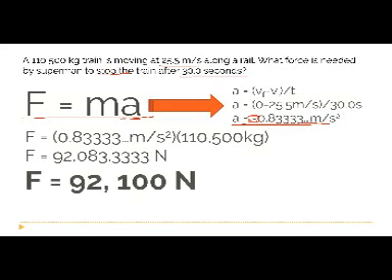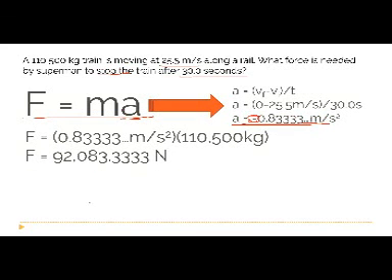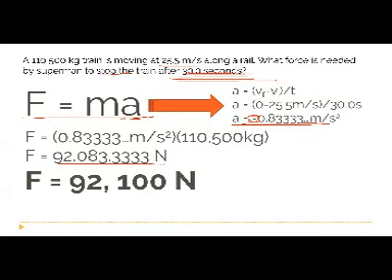Since the least number of significant figures is 3, which is the number of significant figures of our time, 30.06 seconds, we round this to 3 significant figures, and that is equal to 92,100 newton. So the force needed to stop the train after 30 seconds is equal to 92,100 newton.